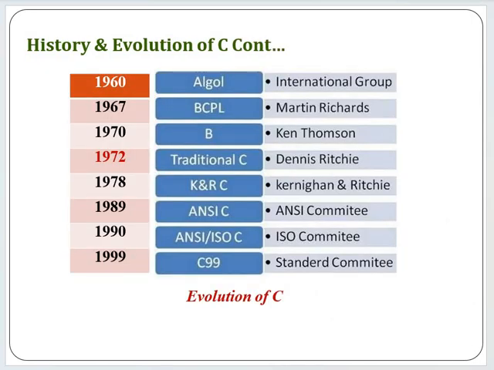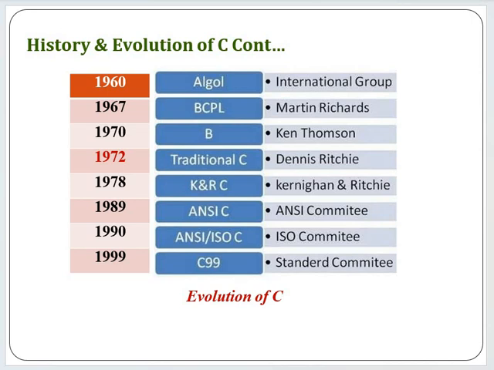And next, this image provides a timeline of significant milestones in the evolution of the C programming language. So this highlights the key developments from its inception into the standardization process. In 1960, ALGOL, the foundation for many modern programming languages, including C, was laid.